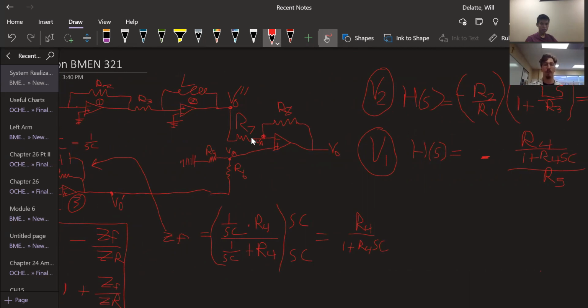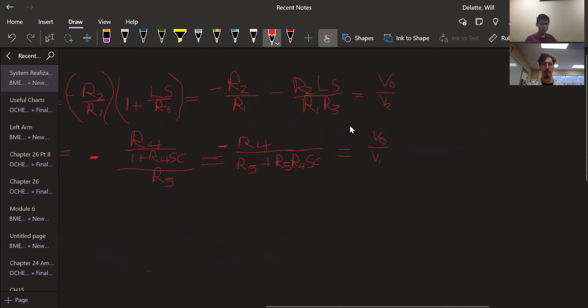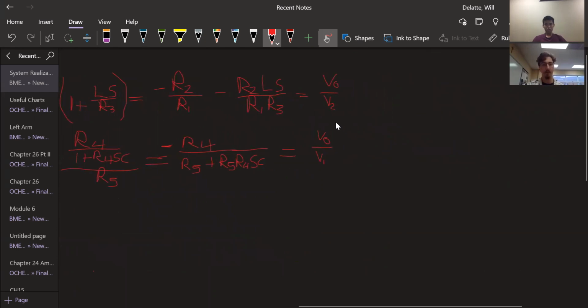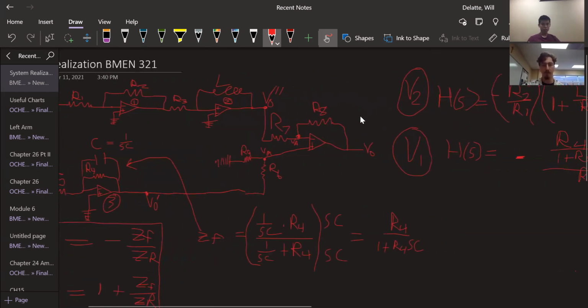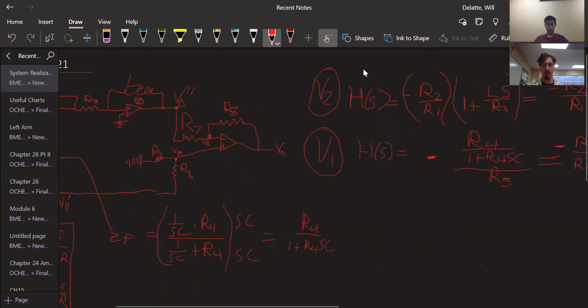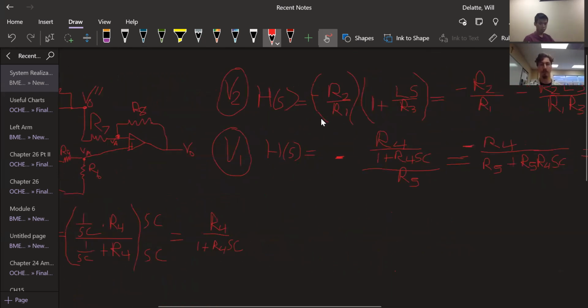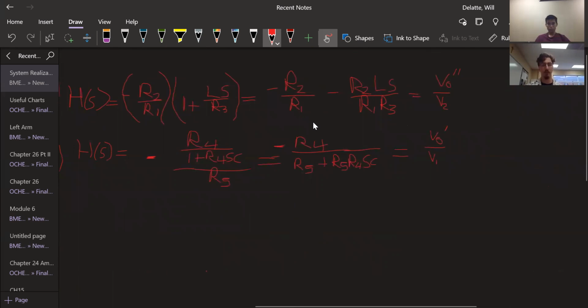We don't know it beyond this point simply because there's another voltage drop over this resistor, or in this case, a voltage drop over this resistor. So that's why we have to use a little bit of nodal here. We're calling this one V prime, and we're calling 2 V double prime, so it's easy to remember later, and we will return to rearrange that.